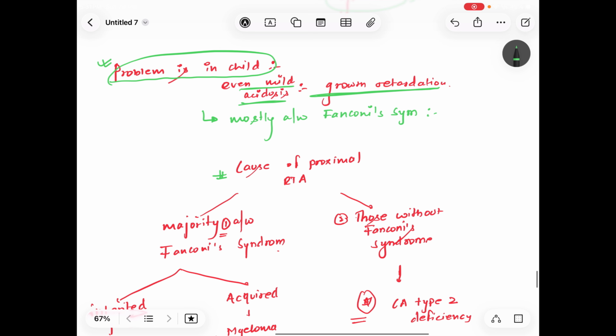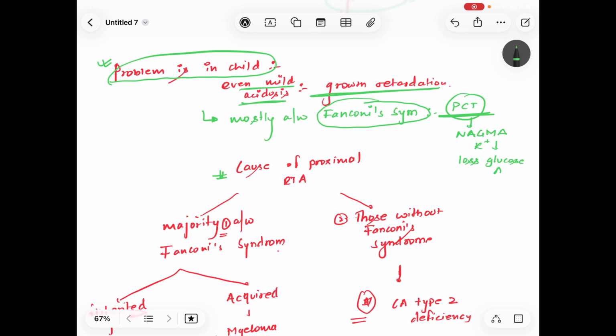What is Fanconi syndrome? In Fanconi syndrome, there is global dysfunction of the proximal convoluted tubule. So along with normal anion gap metabolic acidosis and hypokalemia, there is loss of glucose in the urine, loss of amino acid in the urine, and loss of phosphate in the urine.